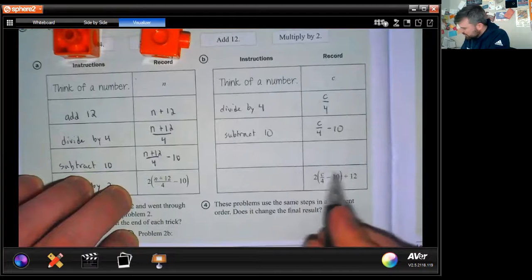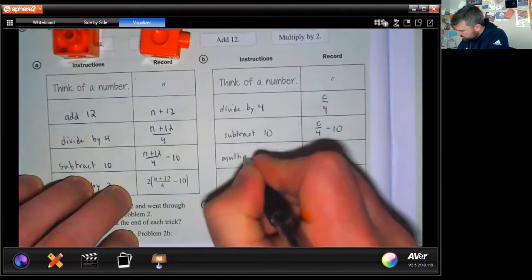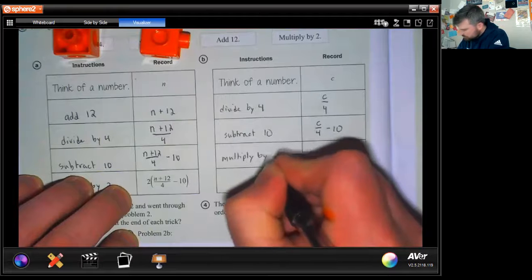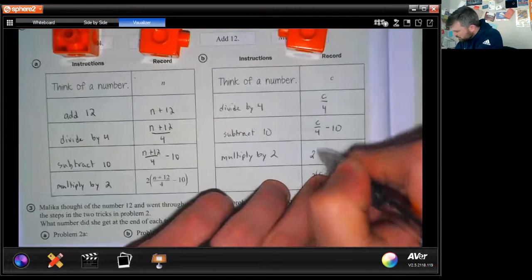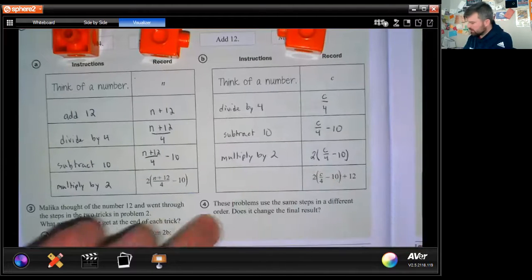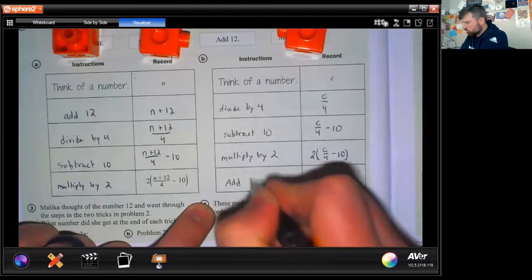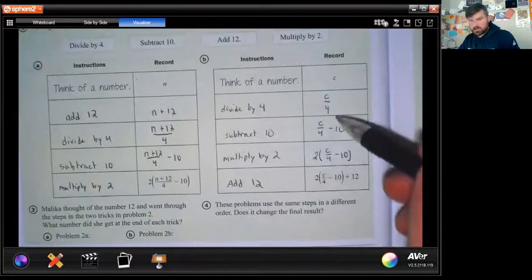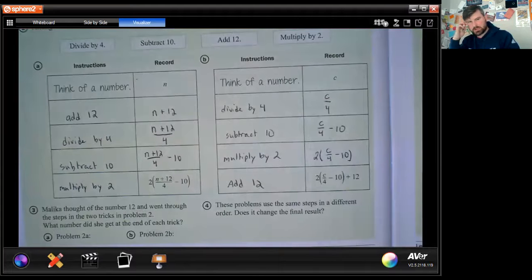And they took that whole thing times 2. So multiply by 2. So you get 2 parentheses C over 4 minus 10. And then the last thing is add 12. So these things can get very large very quick if you're keeping it all together.